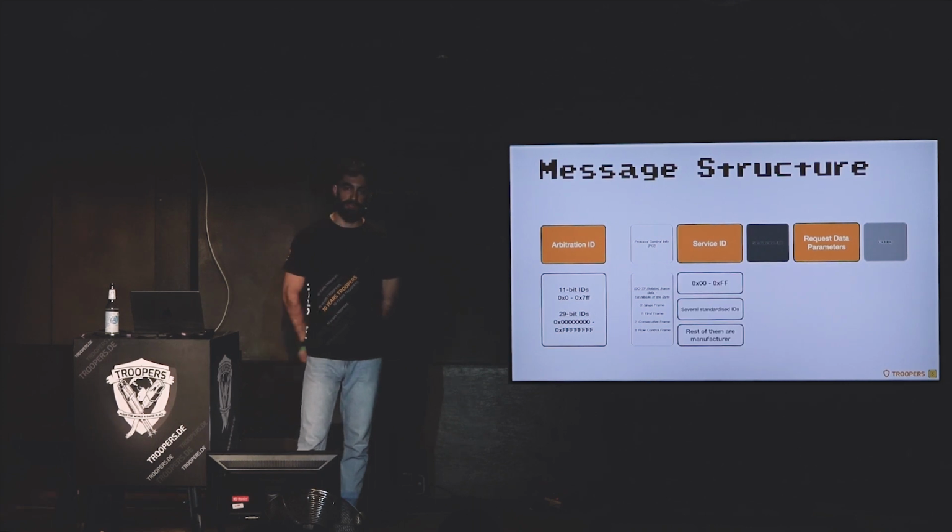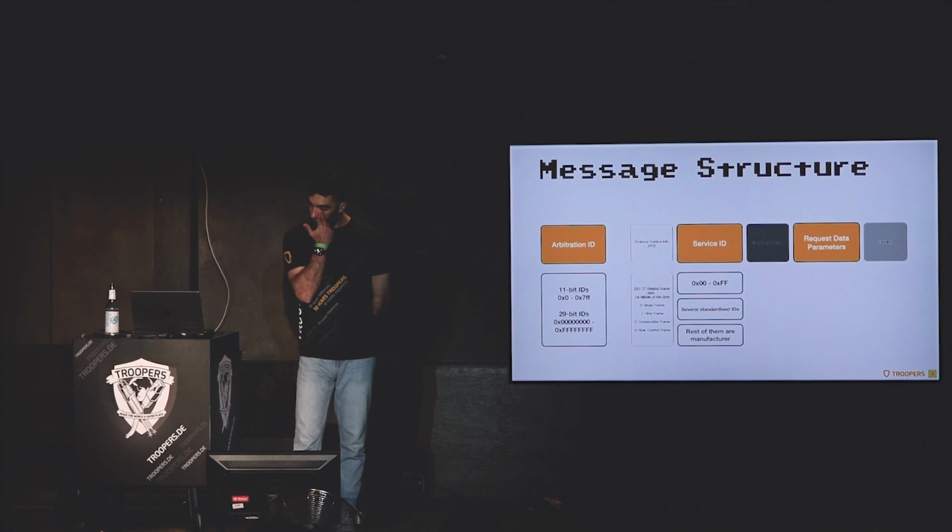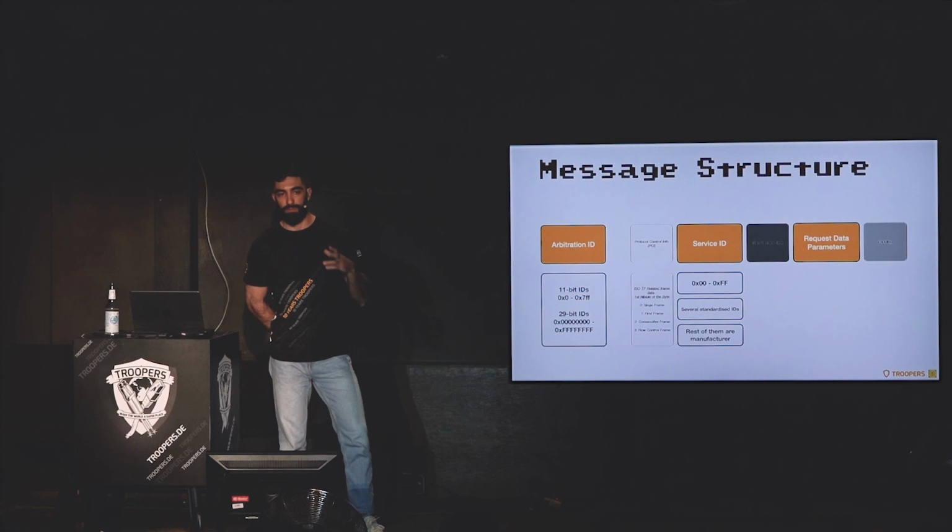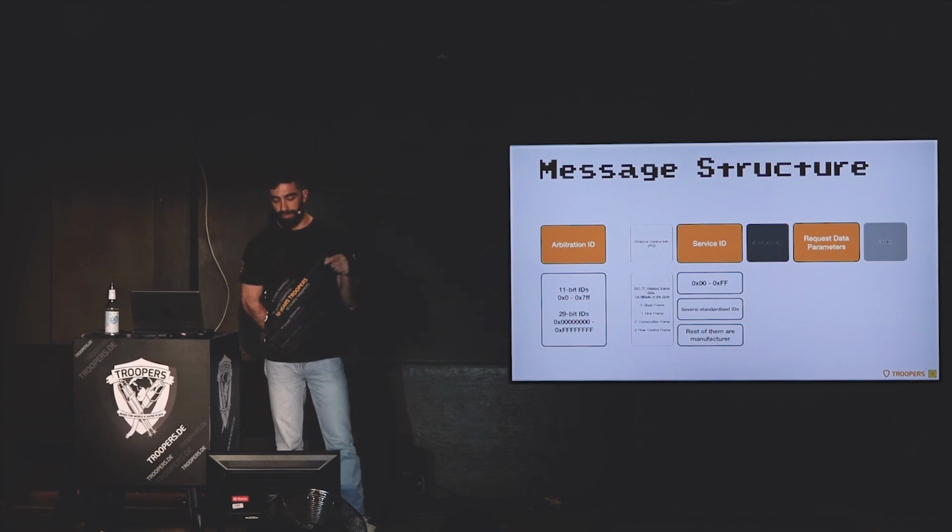Then the most interesting part, and the one that we will focus on, is the service IDs. Under UDS, the Unified Diagnostics, you can find a lot of services that you can communicate with and perform specific actions. These service IDs are only 1 byte. There are several standard IDs under the ISO, and the rest of them are manufacturer-specific, and we have to find them ourselves.